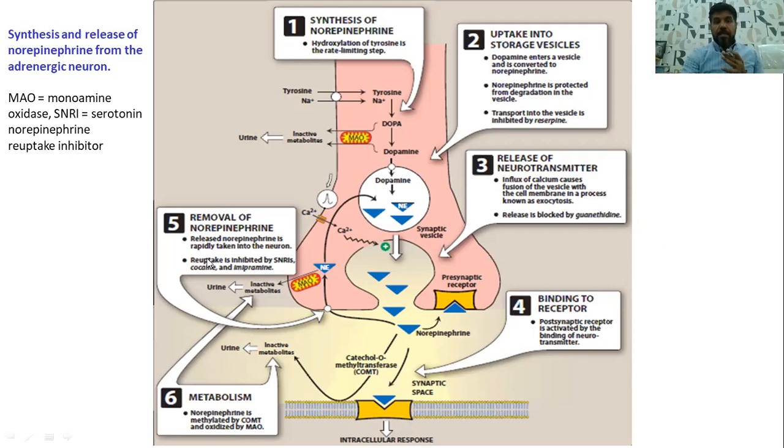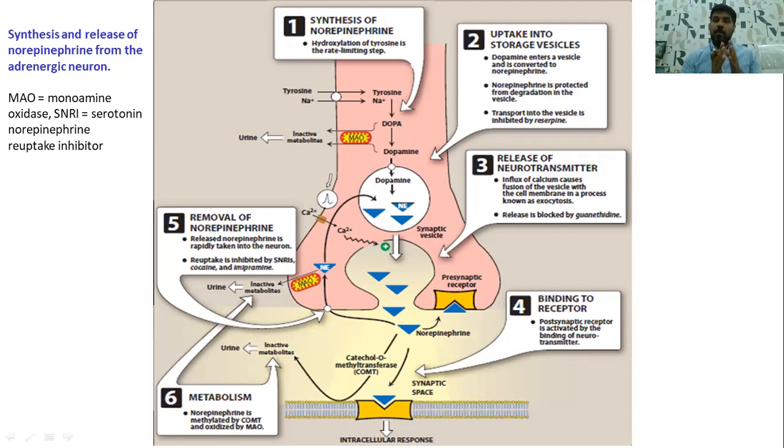And reuptake of norepinephrine is inhibited by a wide range of drugs, such as SNRIs, serotonin-norepinephrine reuptake inhibitors, which are very famous medications used for treatment of a wide range of psychological disorders such as depression, anxiety, post-traumatic stress, etc. It can also be inhibited by cocaine and by imipramine, which is a tricyclic antidepressant.